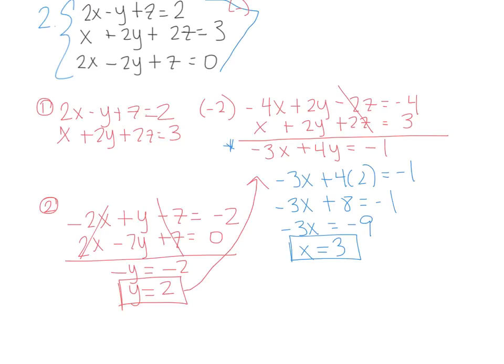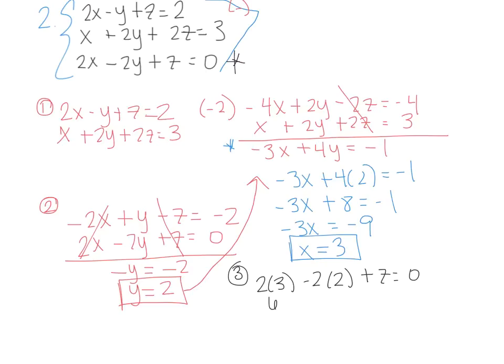So our third step is I'm going to plug x and y into one of these equations. To be honest with you, I think I'm going to do the bottom one. So I'm going to say 2 times x, which is 3, minus 2 times 2 plus z equals 0.